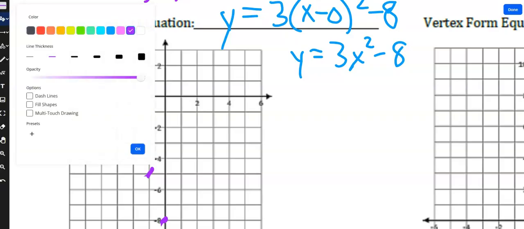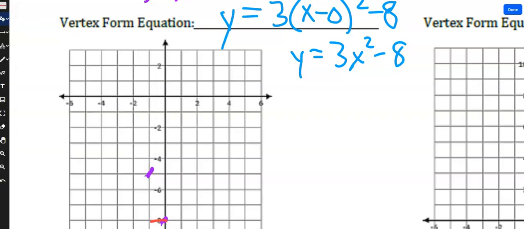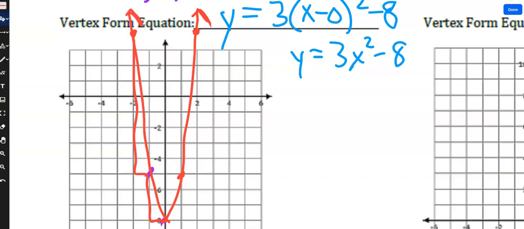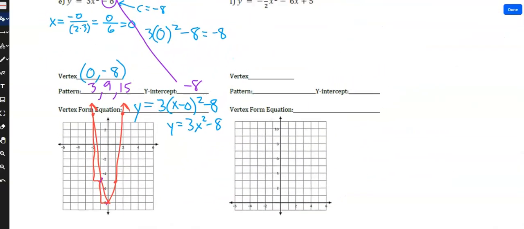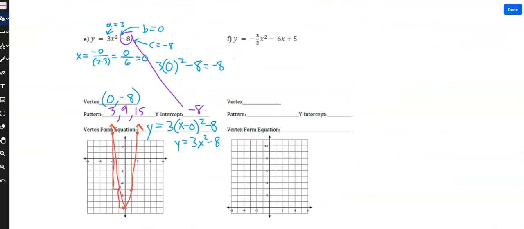So we went over 1 up 3, over 1 up 9. Where's that? Well, there's 5, 6, 7, 8, 9. Dang, all the way up here? Goes up pretty quickly when you have those vertical stretches.